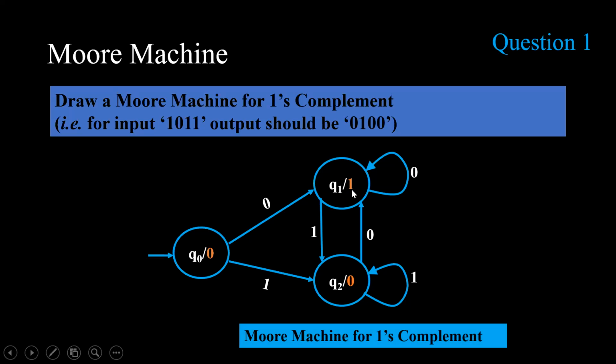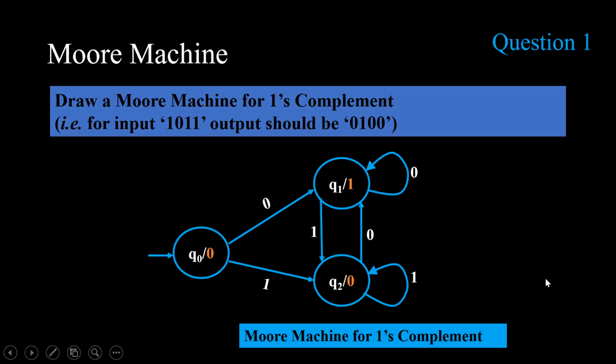Now, at this point, if I get 0, what should be the output? Output should be 1, so I have drawn a circle around it. Whenever a 0 comes, output is 1. If I am at Q1 state and a 1 comes, output should be 0. If I am at Q2 state and a 0 comes, output should move to 1. So based upon the output which we want, we have drawn this machine.